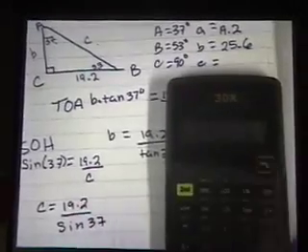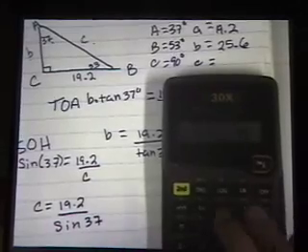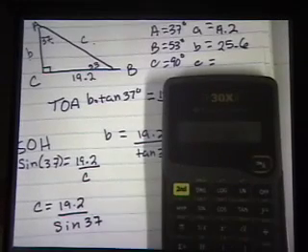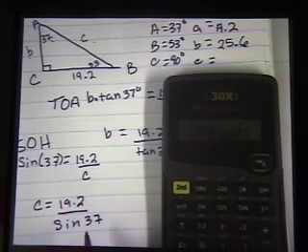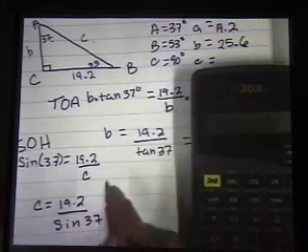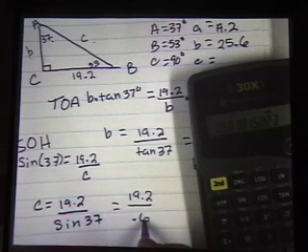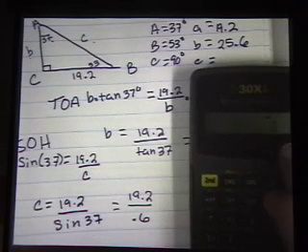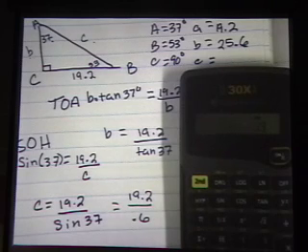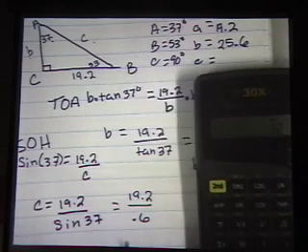In my calculator, I'm going to type in the sine button of 37, and I'm going to get that that's 60 hundredths. So right here, we're going to have 19.2 divided by 0.6. So in my calculator, 19 and 2/10 divided by 6/10 is going to give me 32.